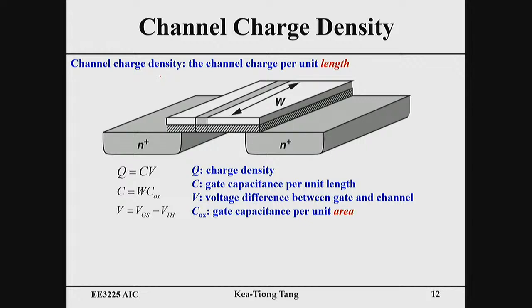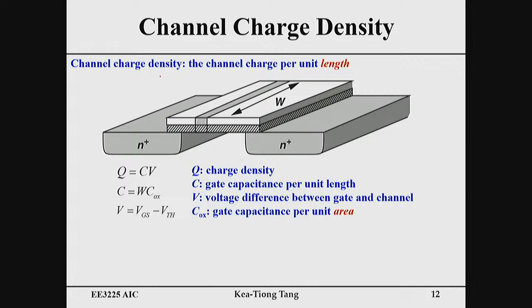So C oxide is the oxide capacitance per unit area. When we multiply C oxide by W, we get the capacitance per unit length, because area is W times L. So for unit length, the capacitance is C oxide times W. So actually Q is equal to W times C oxide times V.